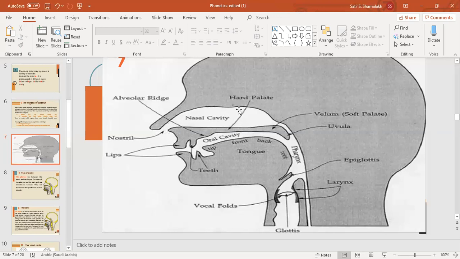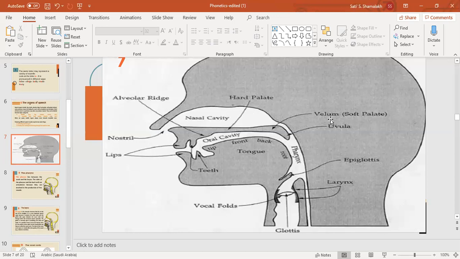Okay? Now go up. We have hard palate. سقف الحلق. In the oral cavity, we have an arrow in the middle. We have hard palate. And go back to the right. We have soft palate, or velum.